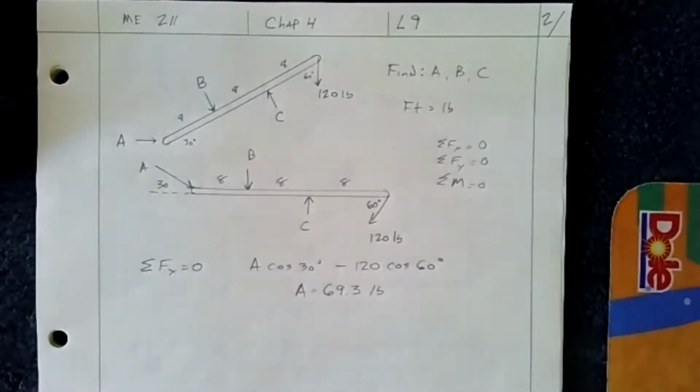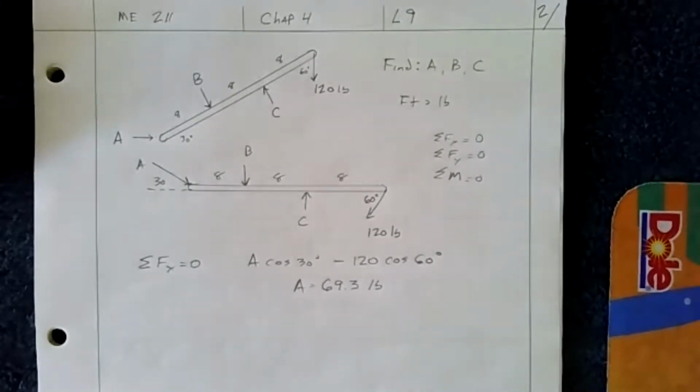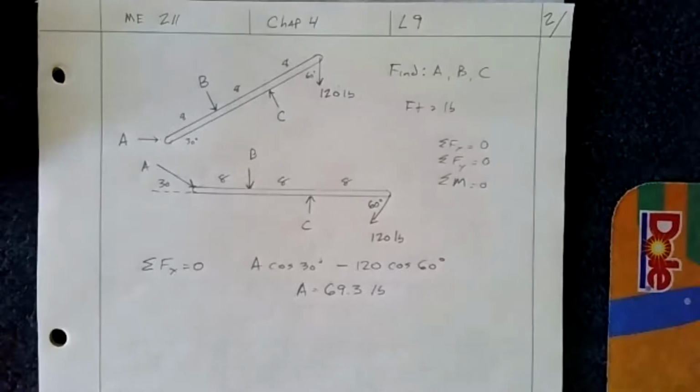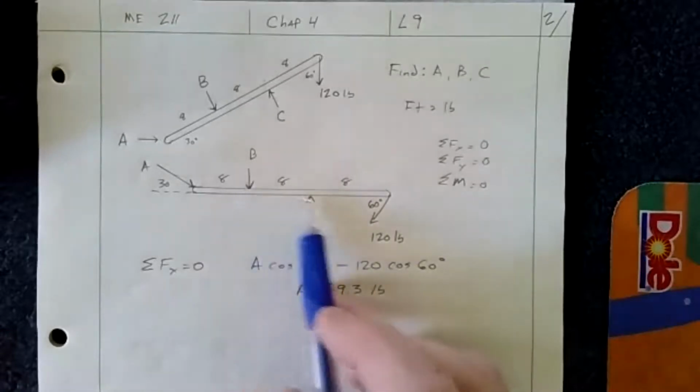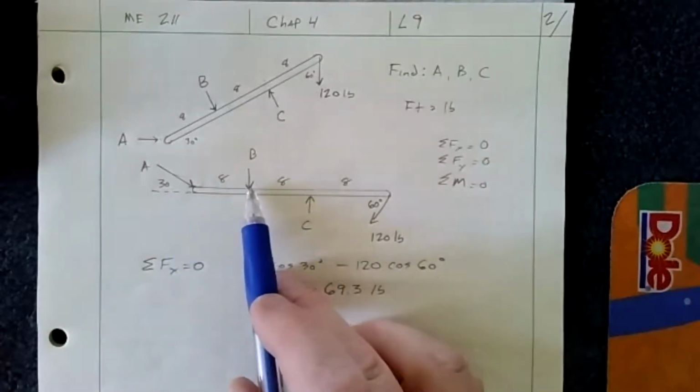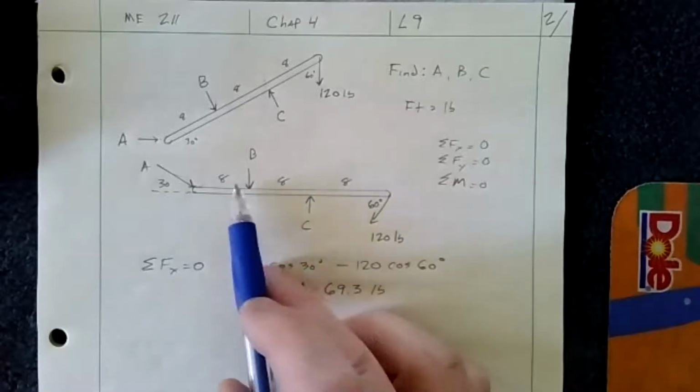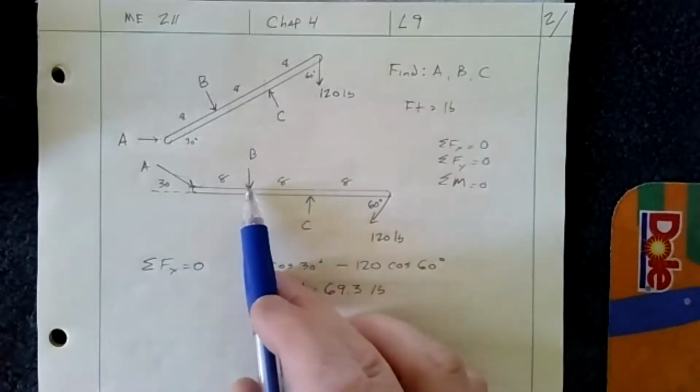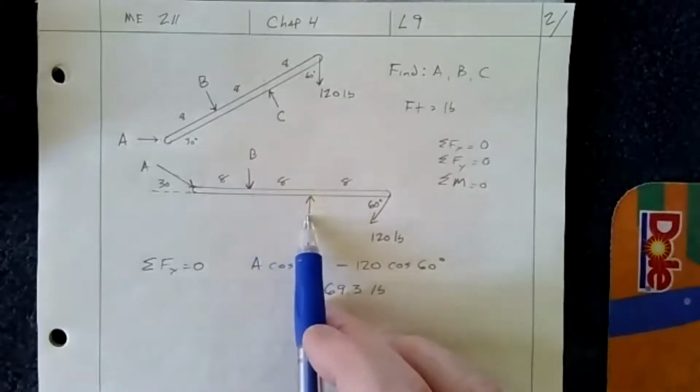All right. So now if I want to figure out my B or C, then again, I know this. And so if I pick one of these points to take a moment about, then that eliminates that point in the equation. And then I'm just left with one unknown.